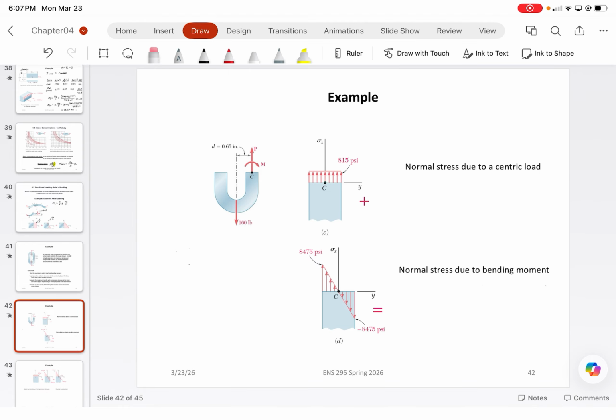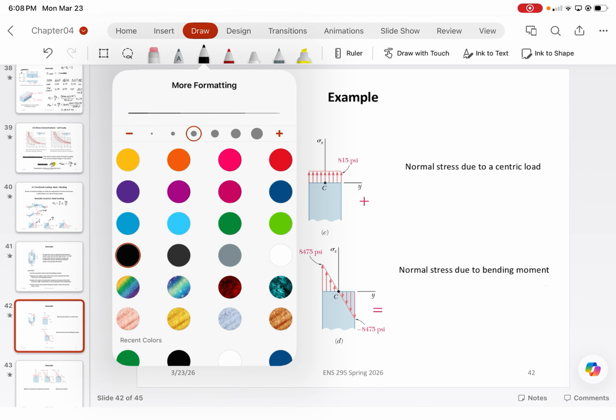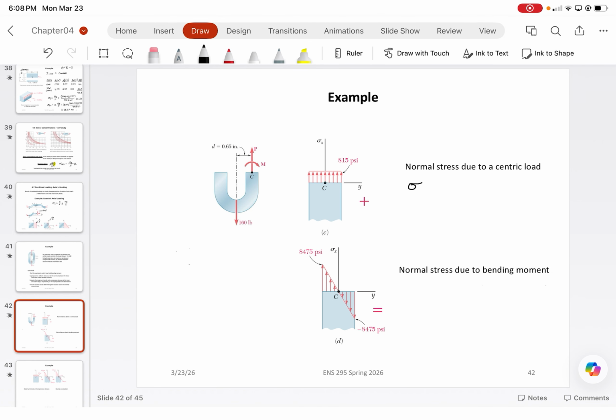So, for the normal stress, treating it as if it's a concentrically loaded member, so basically just back to the beginning of the semester, we can calculate the stress due to axial tension as just P over A, which should just be the 160 pounds.